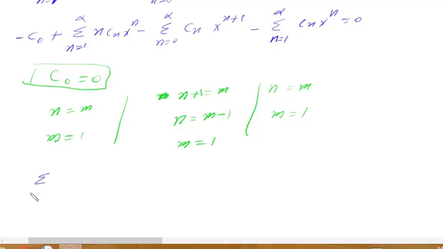Then the first sum becomes the summation from m = 1 to infinity of m c_m x^m.